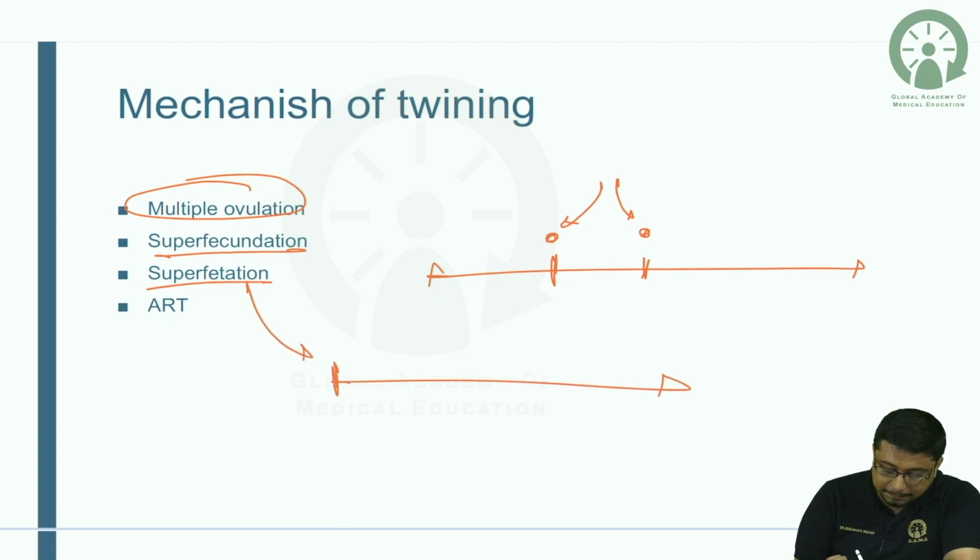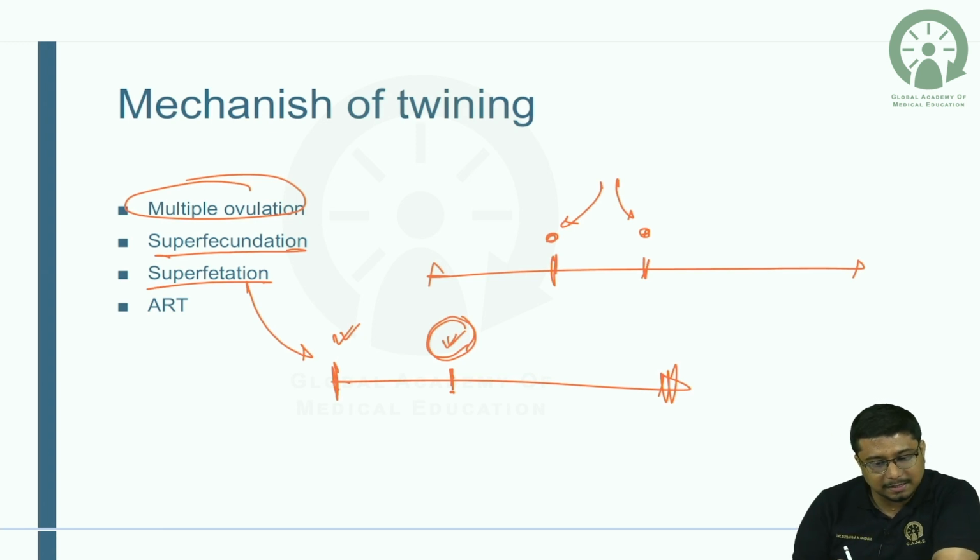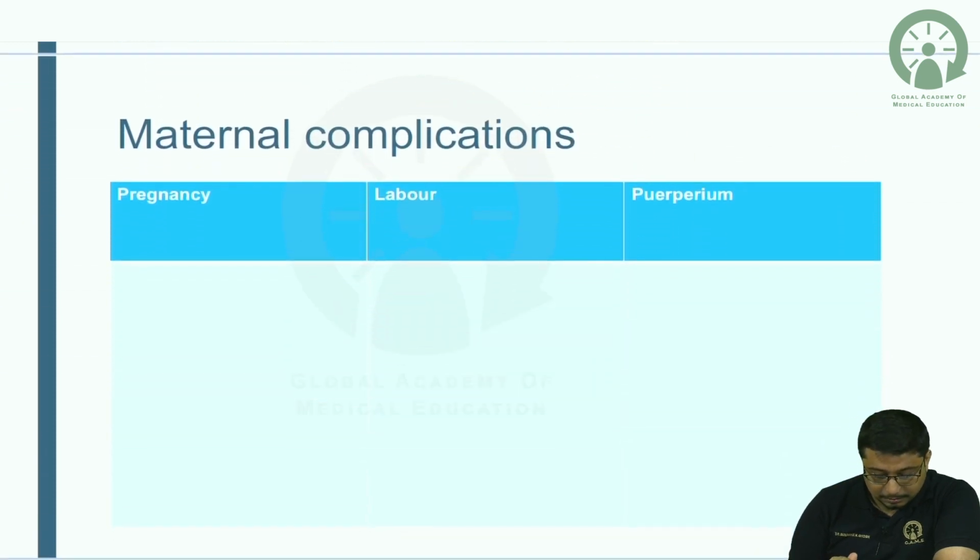Superfetation is that in one cycle, one fetus got fertilized, and next cycle somehow ovulation happened, and hence there is another pregnancy that happened next month. So there is a time gap in superfetation, whereas no time gap in superfecundation. Note that superfetation and superfecundation can be from the same paternity or different paternity as well, right?